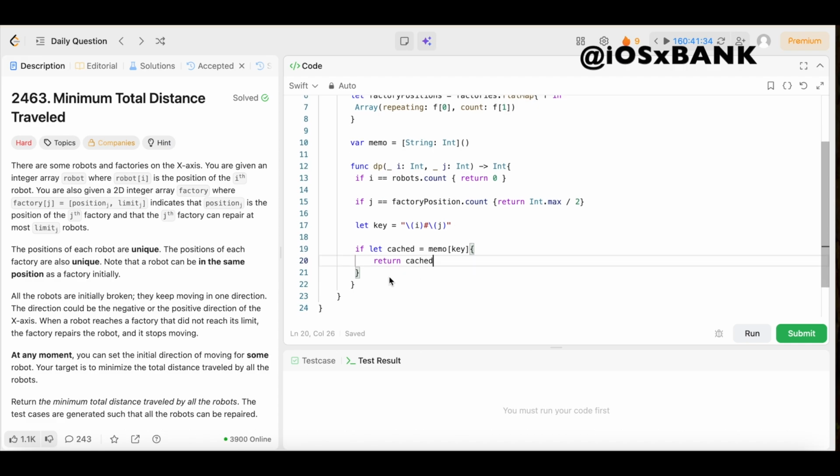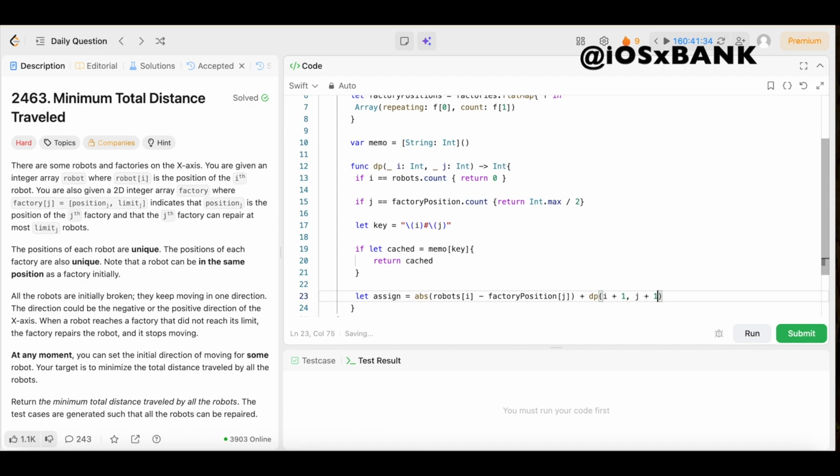So we'll come underneath this and we'll say let assign equal ABS, which will get us the absolute value, robots square bracket i, come outside of that, minus factory position square bracket j, come outside of that, we're going to say plus dp, open up the parentheses, we're going to say i plus 1, comma, j plus 1.